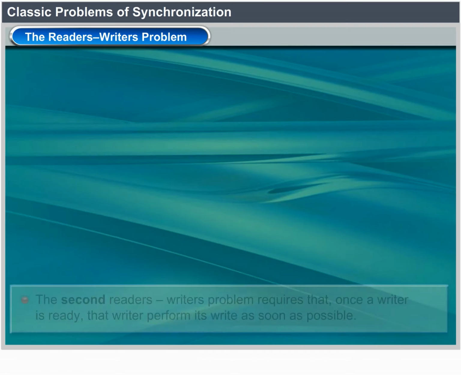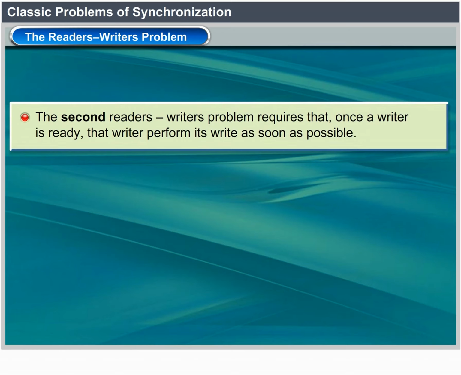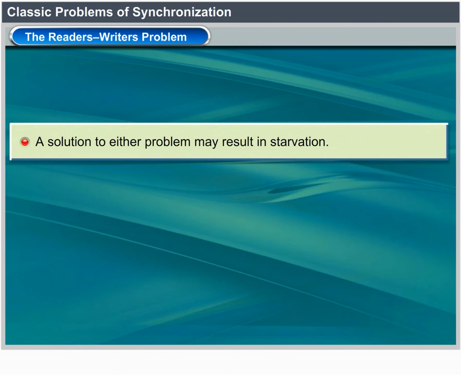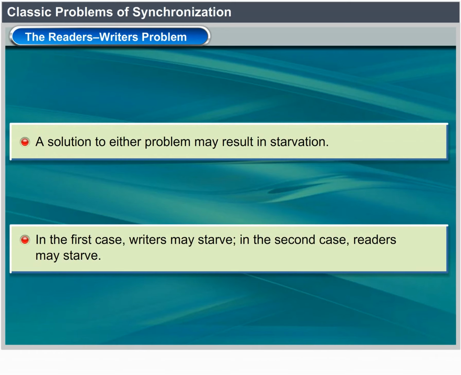The second readers-writers problem requires that once a writer is ready, that writer perform its write as soon as possible. In other words, if a writer is waiting to access the object, no new readers may start reading. A solution to either problem may result in starvation. In the first case, writers may starve. In the second case, readers may starve.